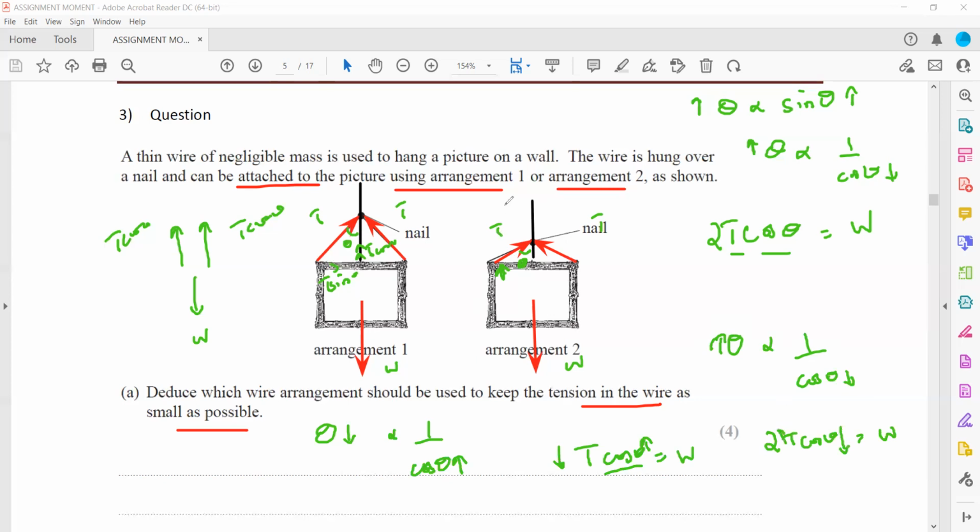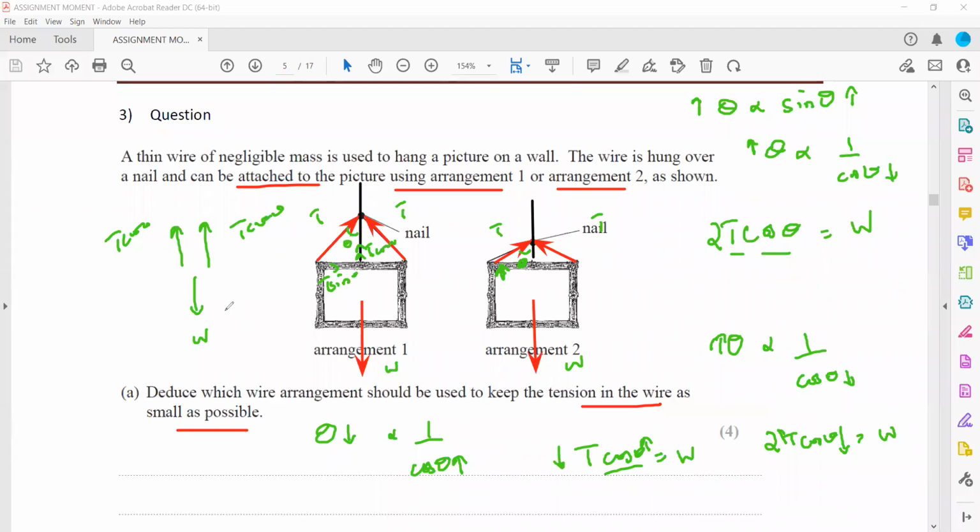So the tension in arrangement 2 must be larger, whereas in arrangement 1 the tension should be smaller. Is it clear? Yes, clear.